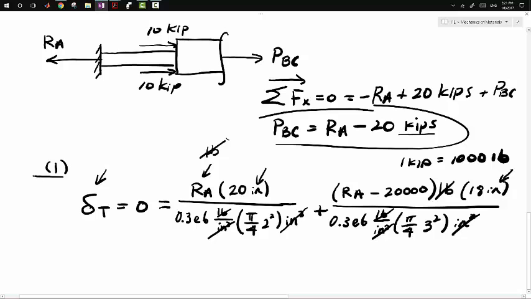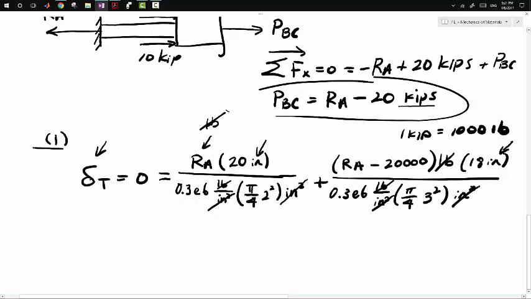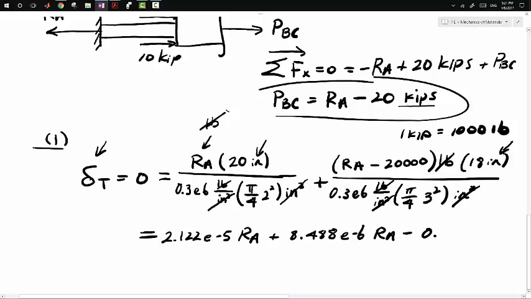So once we punch this in the calculator, this first term should be 2.122 times 10 to the negative 5 times RA, plus the second term will be 8.488 times 10 to the negative 6 times RA, minus 0.1698.